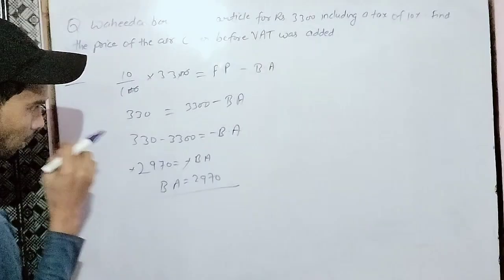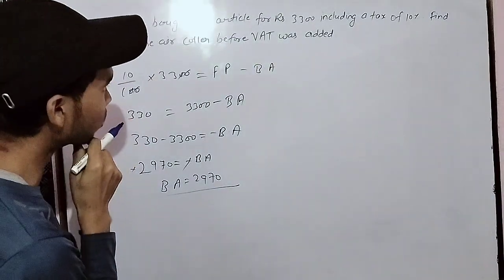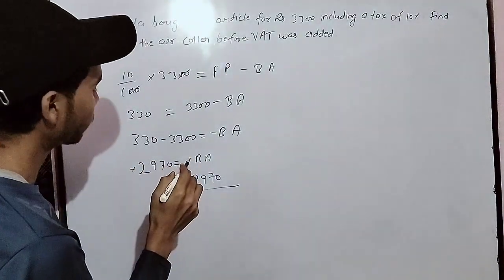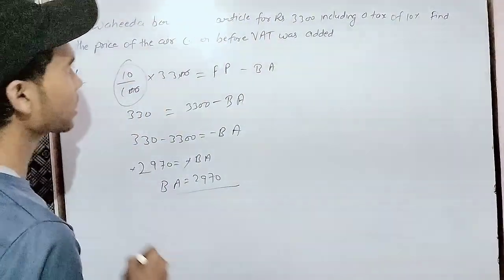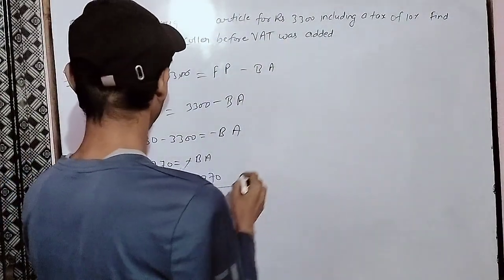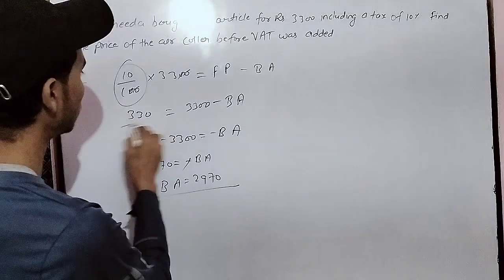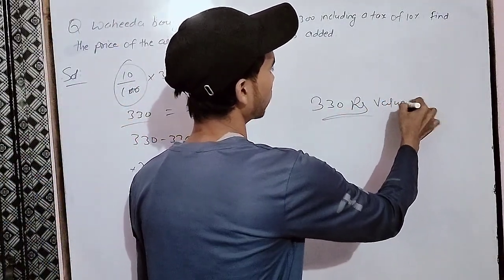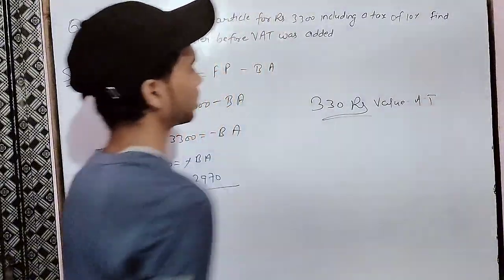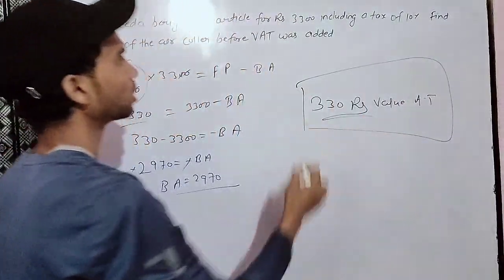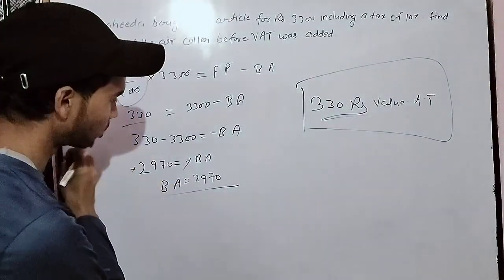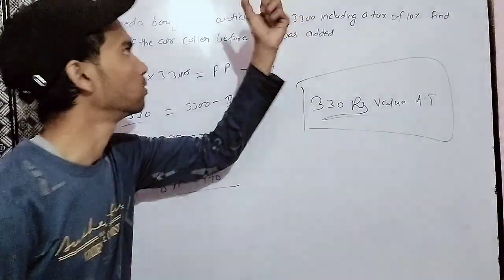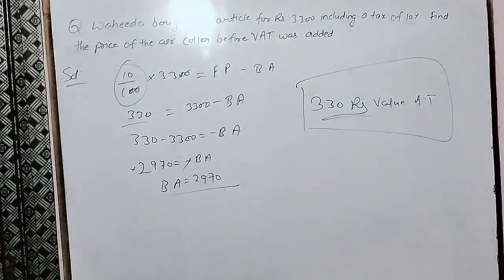Clear? This bill amount of the air cooler is 2,920. Now we can find the value added tax, which is 330 rupees. This was applied on 2,920 rupees, then it became the final price, which is 3,300. You can see.